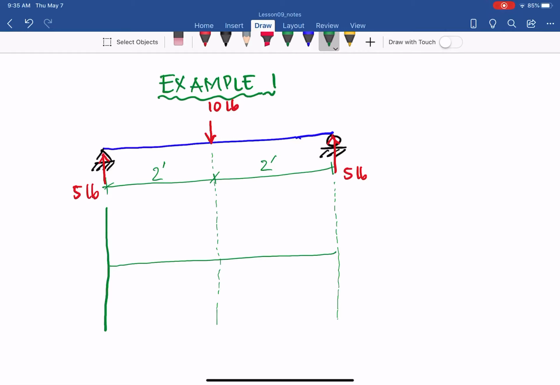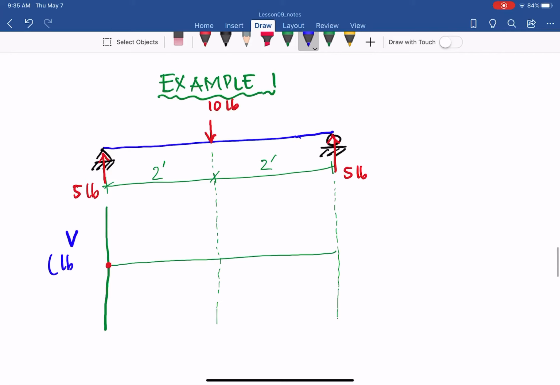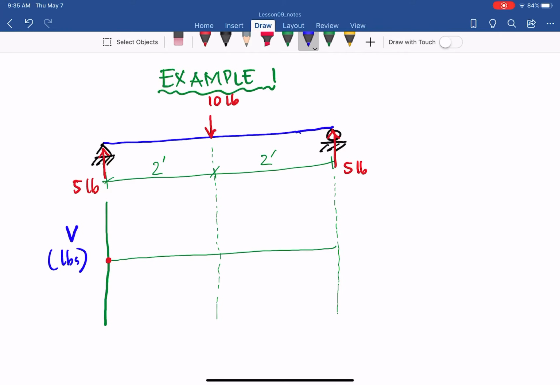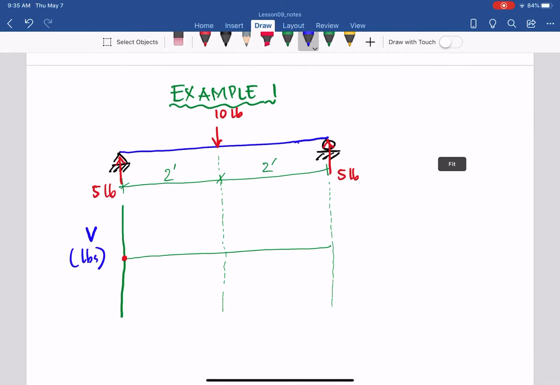Like I said, start from the left, and it always starts at 0. In this case it's shear V, in pounds. Whatever load they give us, it will be the same unit for the shear. So start at 0, and at that point you see 5 pounds going up. That is the external force.